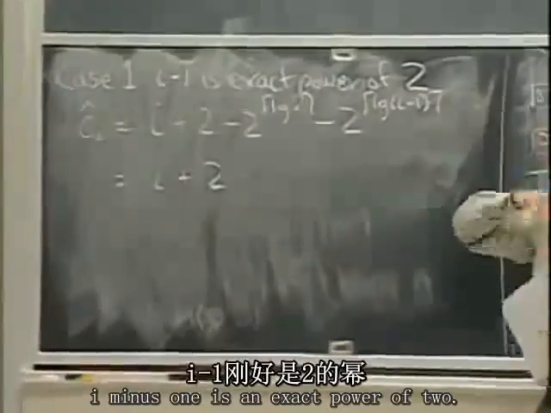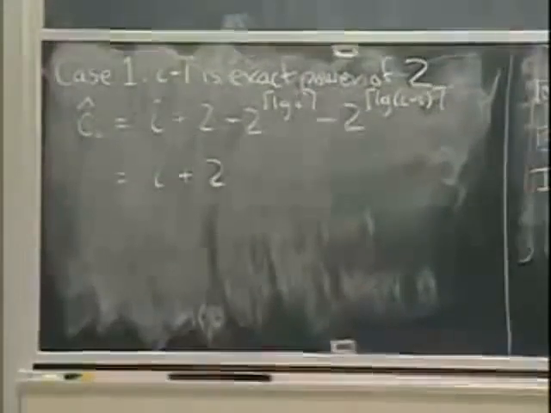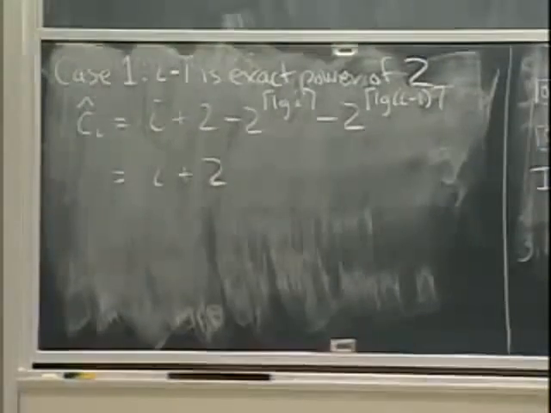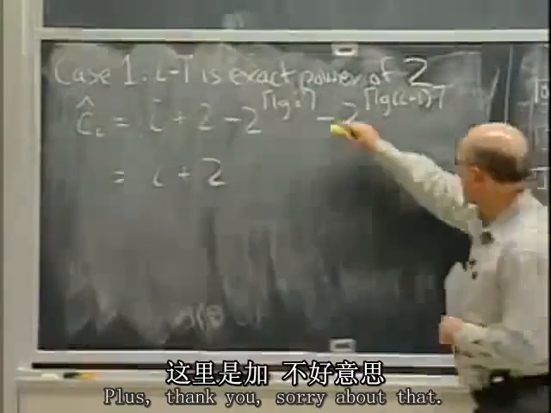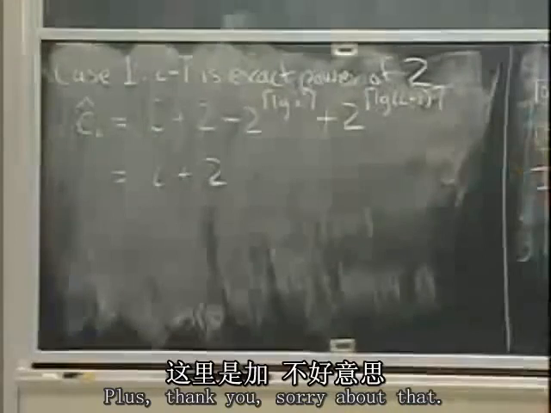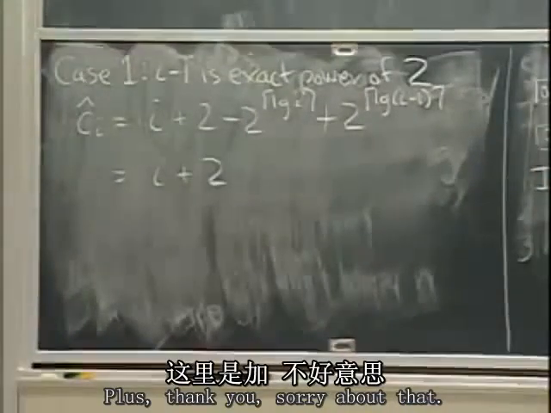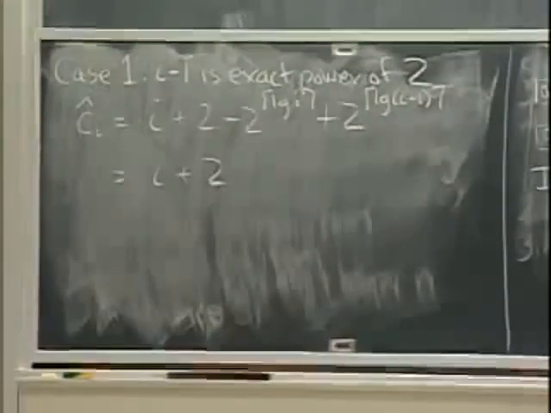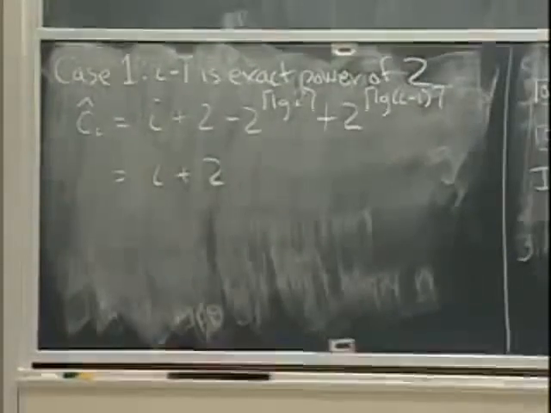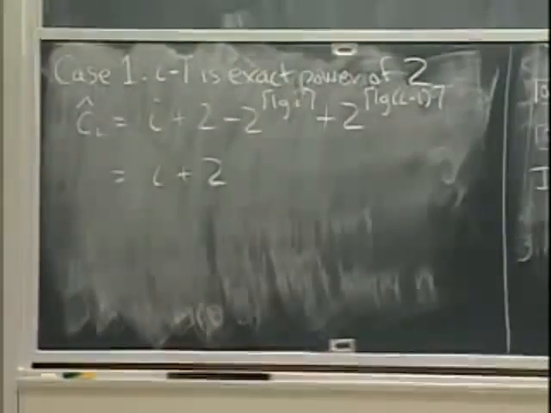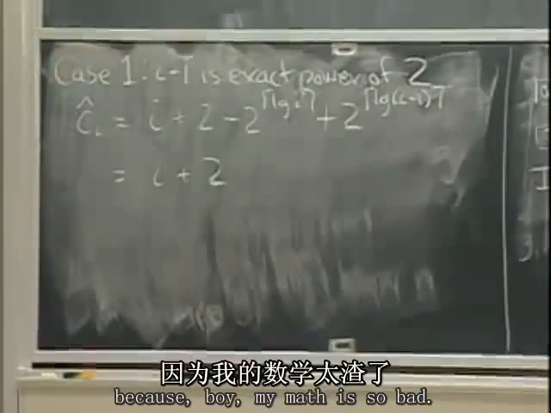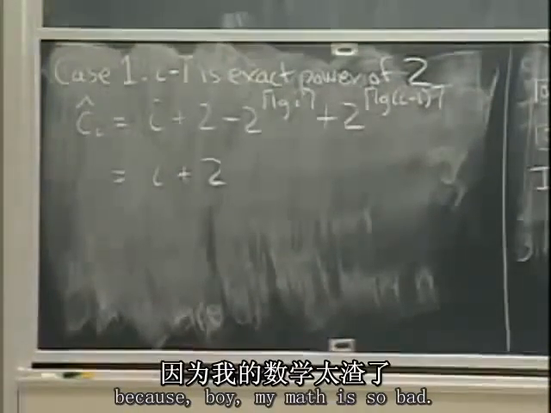I minus 1 is an exact power of 2. Plus. Thank you. Sorry about that. It's good I have students, let me say, because, boy, my math is so bad.